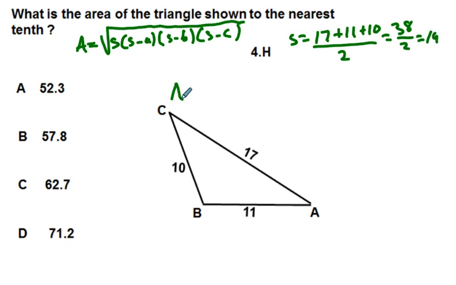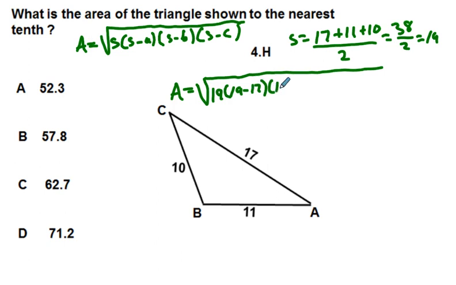So our area is going to be equal to the square root of 19 times 19 minus 17, 19 minus 11, and 19 minus 10. The letters do not matter. Okay, let's go to our calculator.